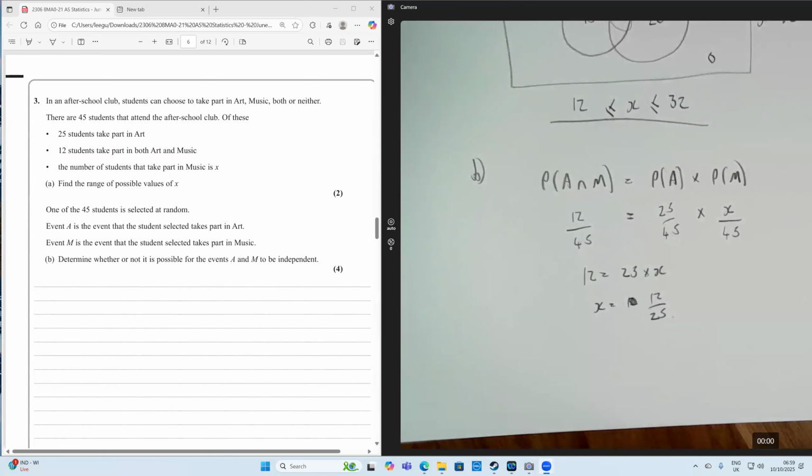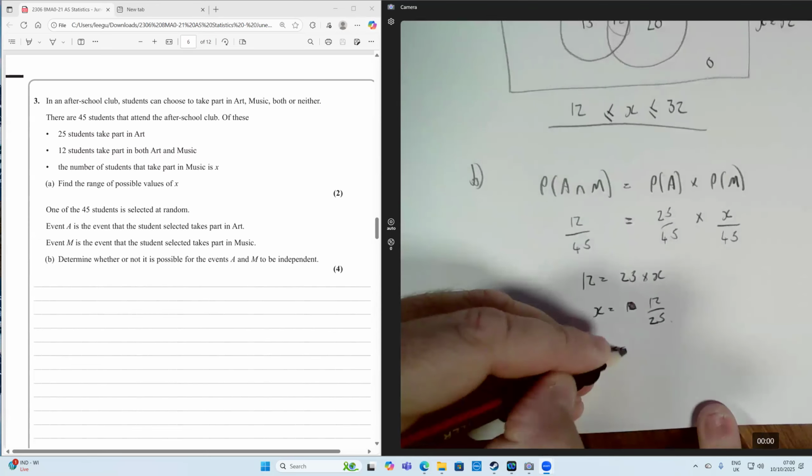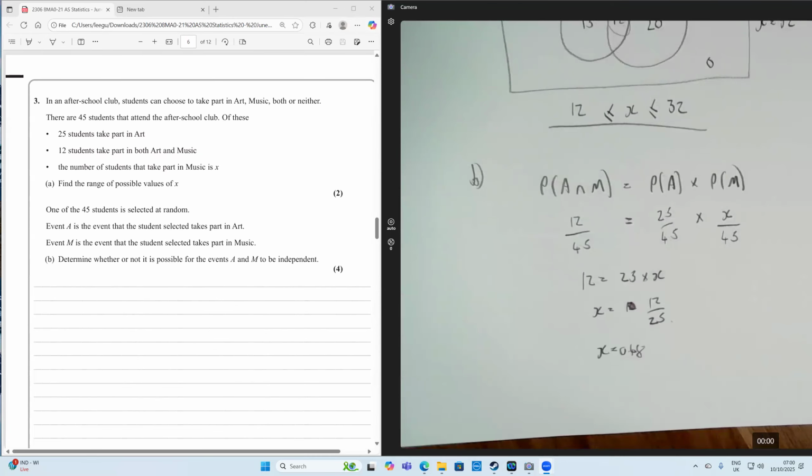Now, let's think about this. 12 divided by 25 is 0.48, and that is not a sensible value as a number of students. So X is equal to 0.48 in this particular way of doing it.